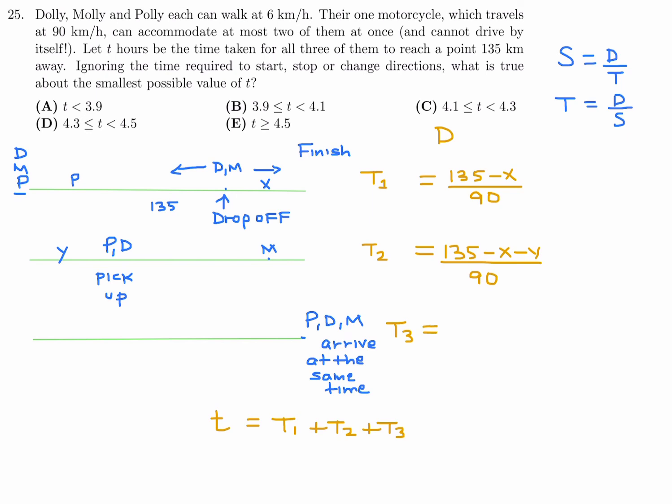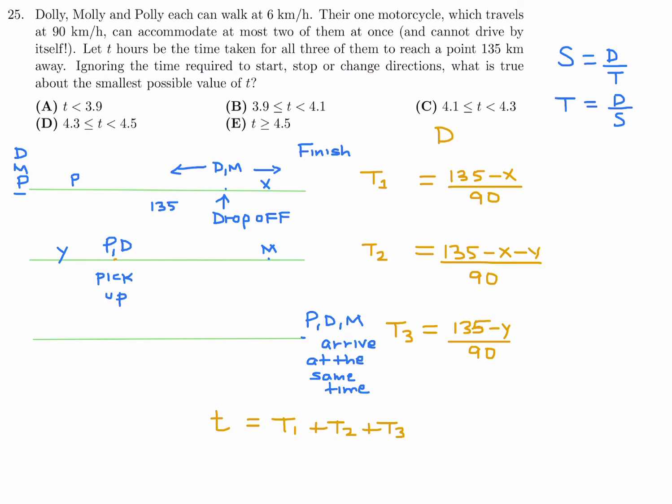And then the last distance is when she goes from the pickup point, right here, all the way to the finish line, and ends up here. So that is going to be (135 minus y) all over 90. All right. So I hope that makes sense. Those are the three times for Dolly.